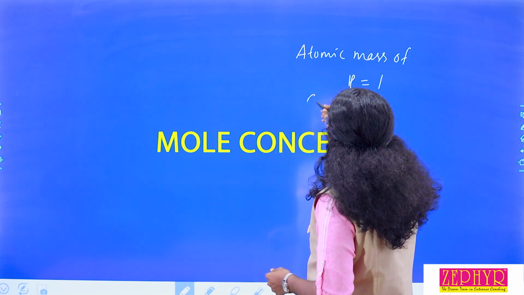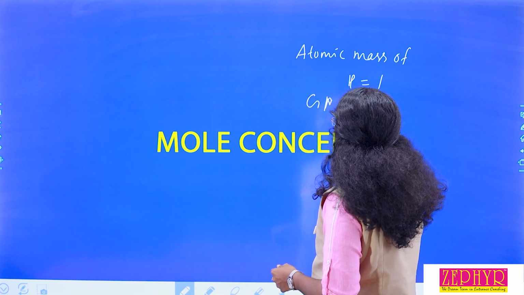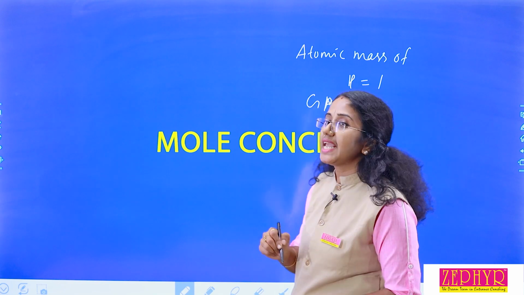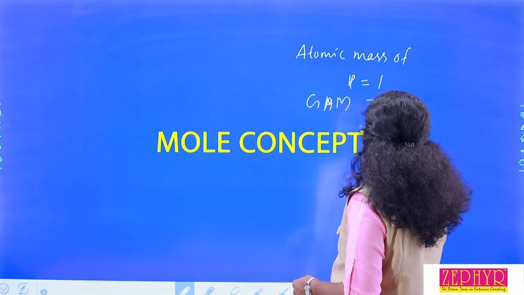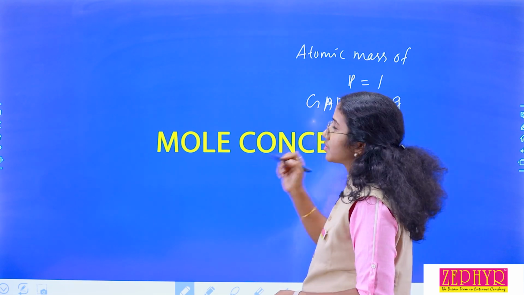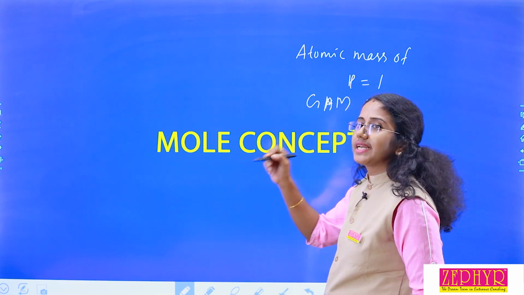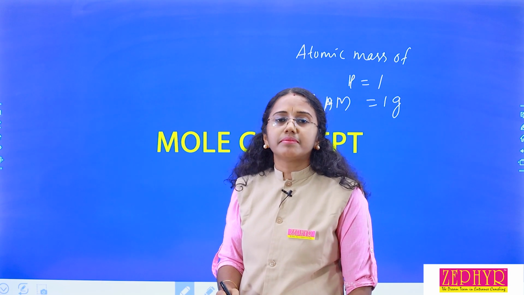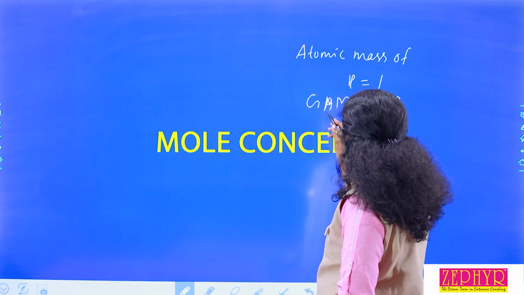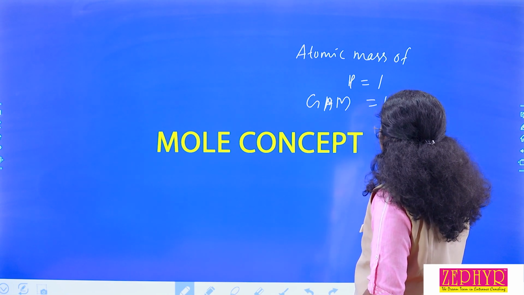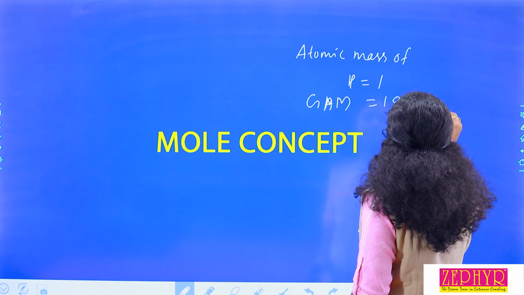That is gram atomic mass, which we can denote GAM. Gram atomic mass of hydrogen is 1 gram. So the atomic mass expressed in gram is called gram atomic mass. Gram atomic mass, that is 1 gram, is also called 1 mole.